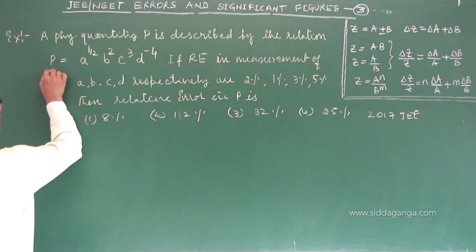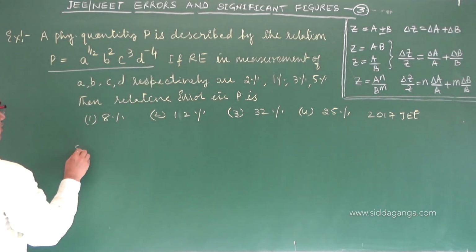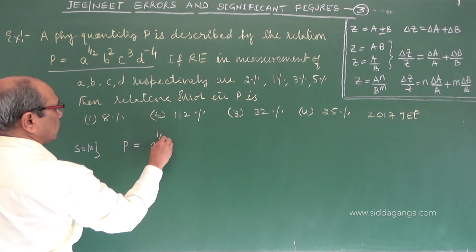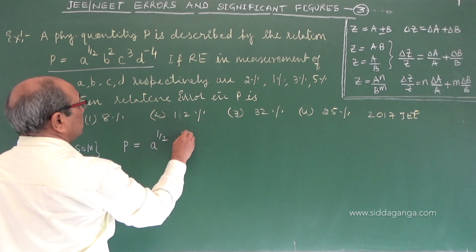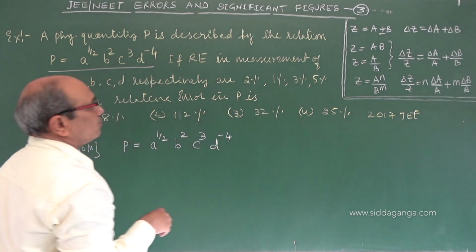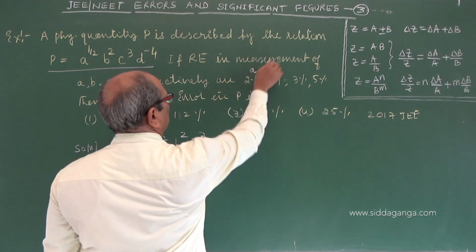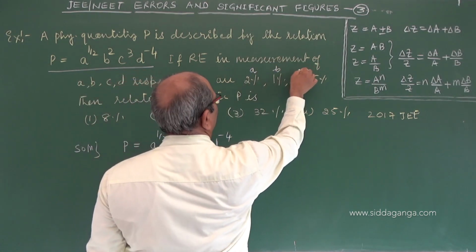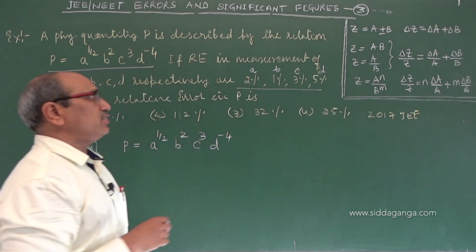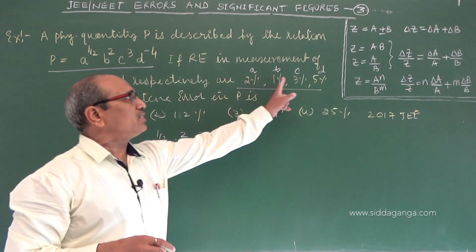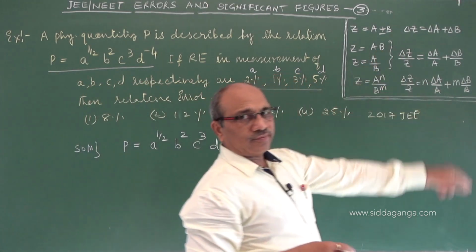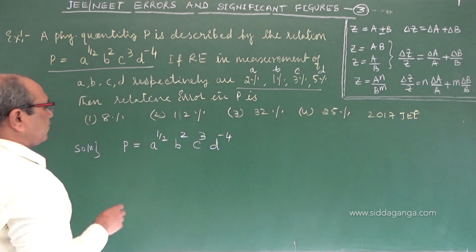So what they have given is a physical quantity. First write it down, the idea will come. You are given a power half b square c cube d power minus 4, corresponding to a, b, c, d. The percentage errors committed in measuring a, b, c, d are individually given. Go for this product rule, which helps you find the value.